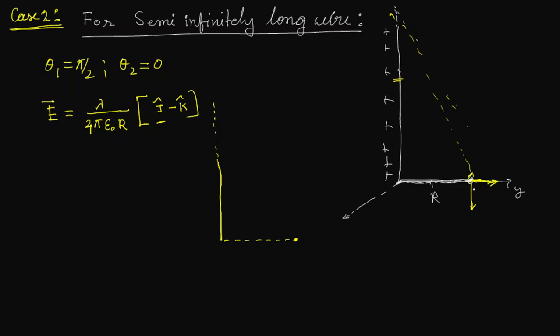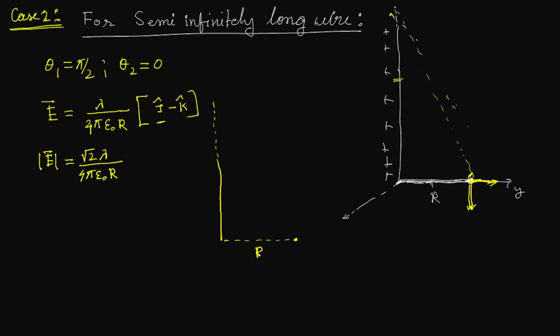So one component along this direction, another component along this direction if the source charge is positive. And what will be the magnitude at this point? If we calculate magnitude, it will be root 2 lambda divided by 4 pi epsilon naught r.